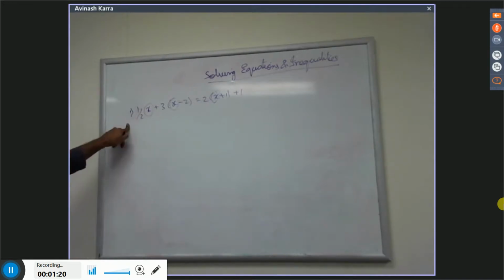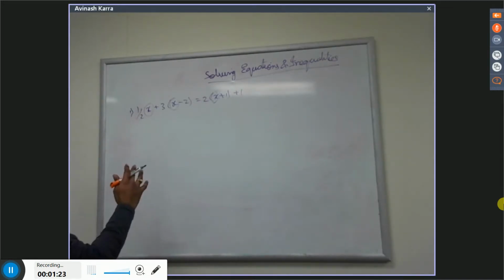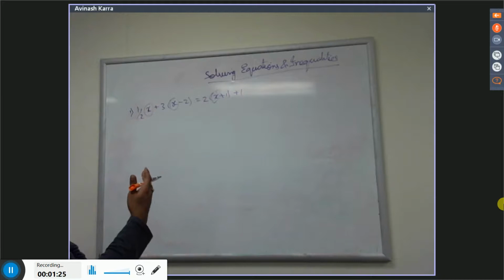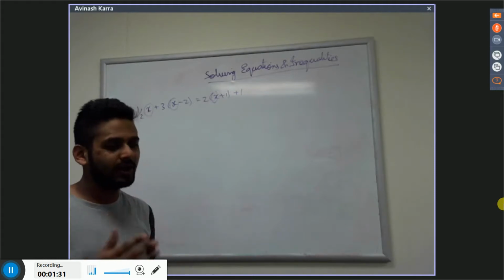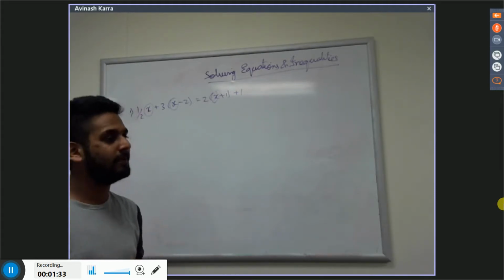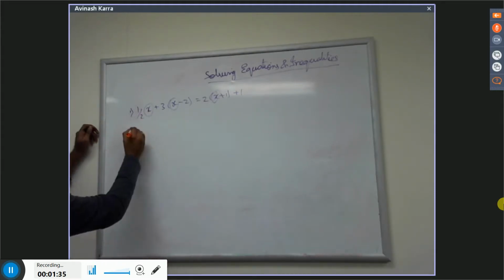It is a given example in your textbook, but I just want to show how to approach and how to solve the problem. And there are 6 guidelines provided in the textbook. You can go through them and apply them.